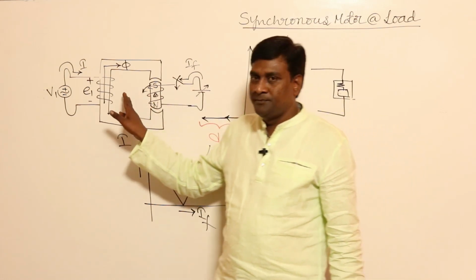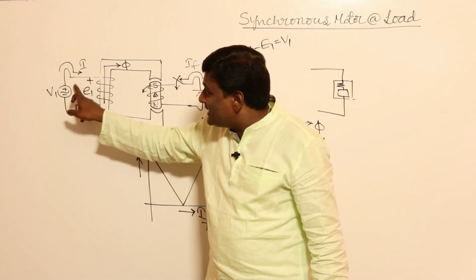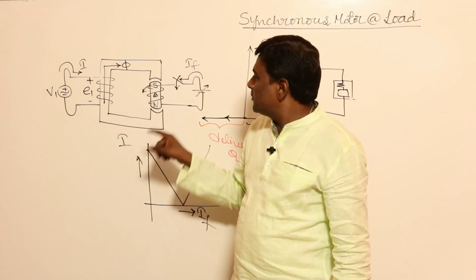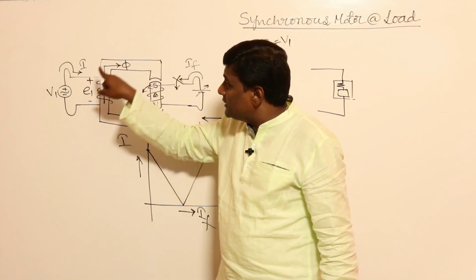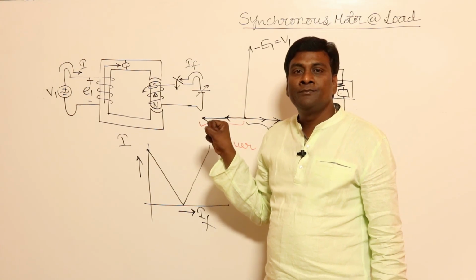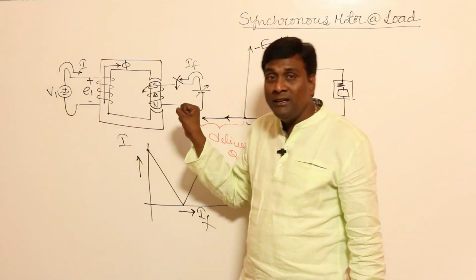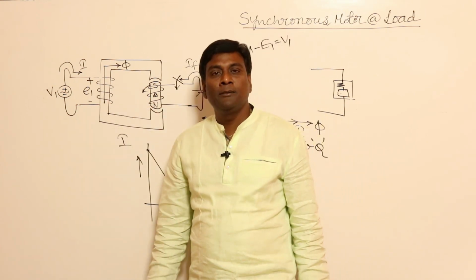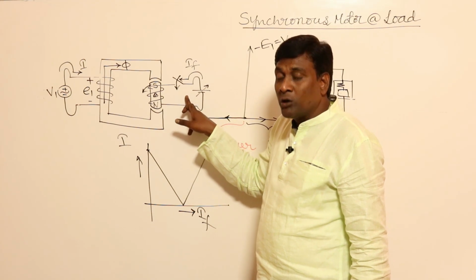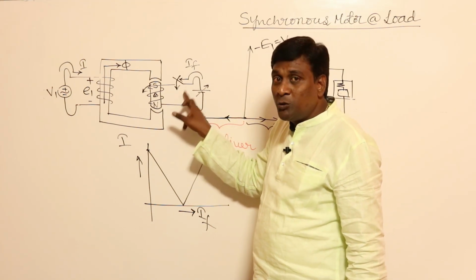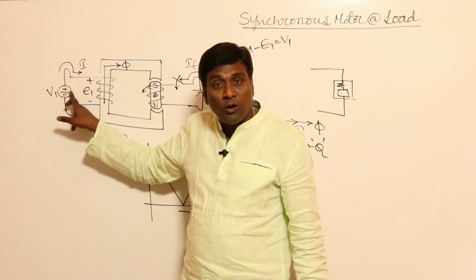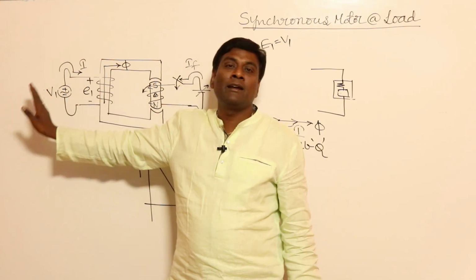Now come back to here. When it is taking reactive power in order to set up the flux, because for example if the field is producing 50 flux lines, the extra 50 flux lines have to be set up by the stator, so it is taking lagging reactive power. So my motor is absorbing reactive power to set up the flux. How is it? Now for example, if the field is producing 120 flux lines, the extra 20 flux lines have to be killed by the stator. So my current is going to be leading, it is going to supply reactive power.